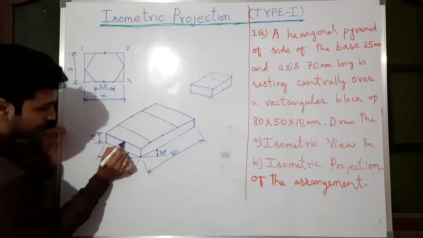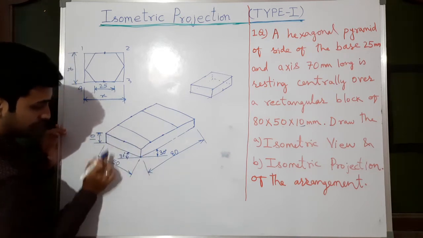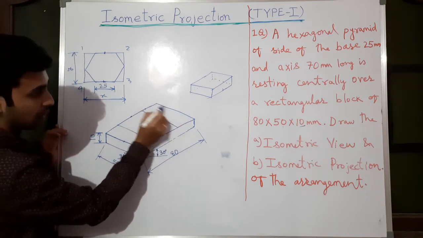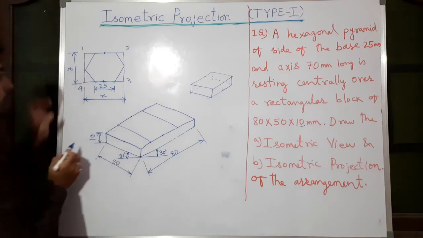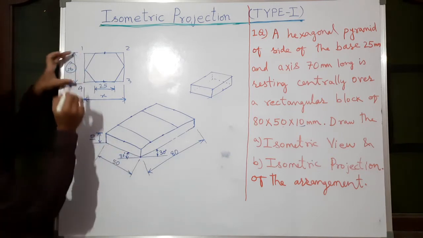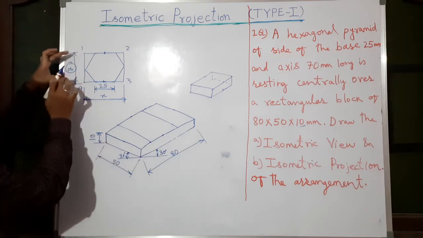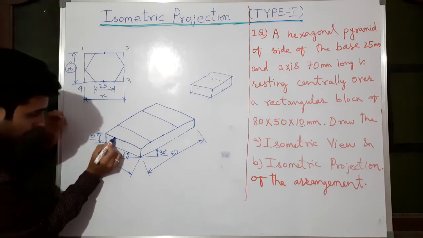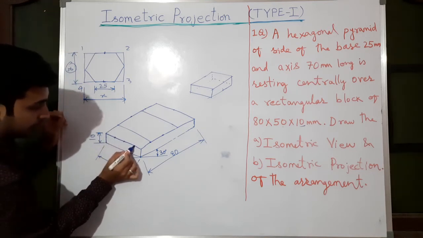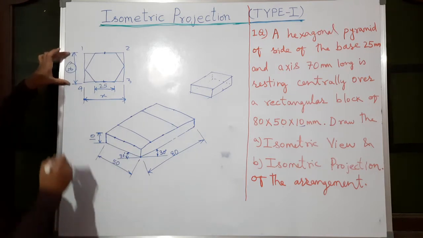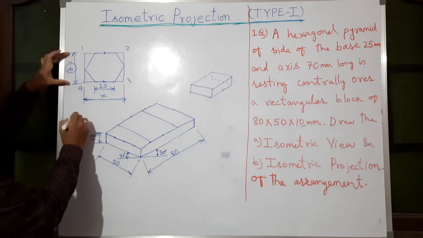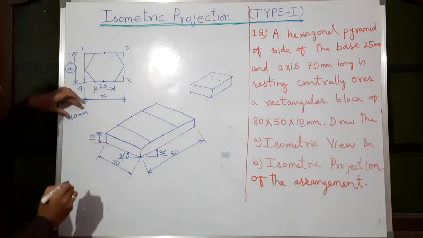Take the midpoint on this 50 mm long line, and on this other 50 mm long line take the midpoint, just by measurement, 25 mm, 25 mm. Now measure this total length y. Half of the length of y should be taken from here to here, and half is here. Just assume y is around 40 millimeter, just an assumption.